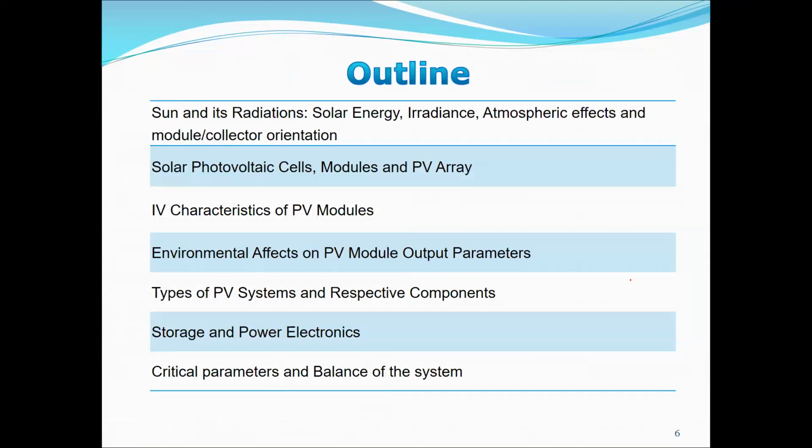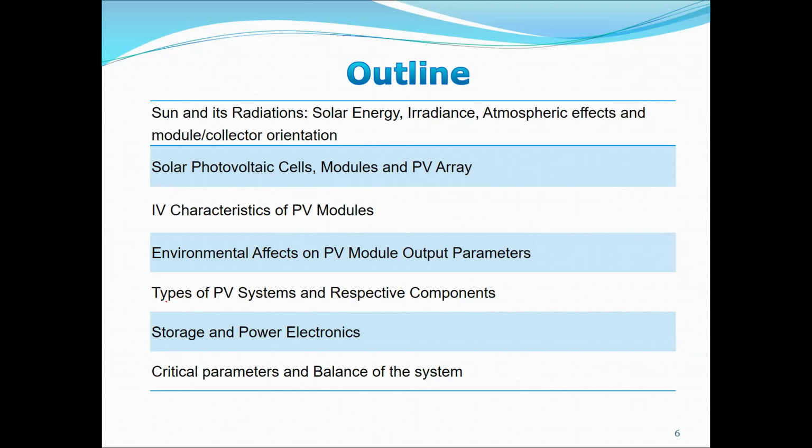So that's why I'm going to discuss the sun and its radiations and the mounting of the collectors according to the availability of these radiations. Then we will also discuss solar photovoltaic cells, modules, and arrays, their current voltage characteristics, and finally, environmental effects on the photovoltaic module output parameters.